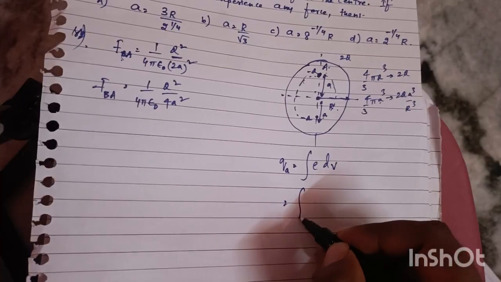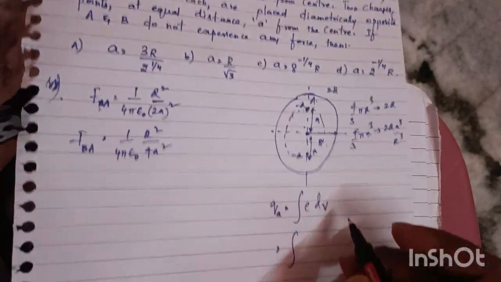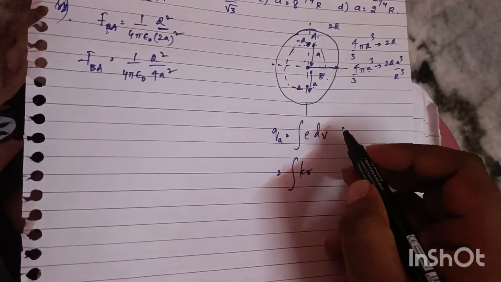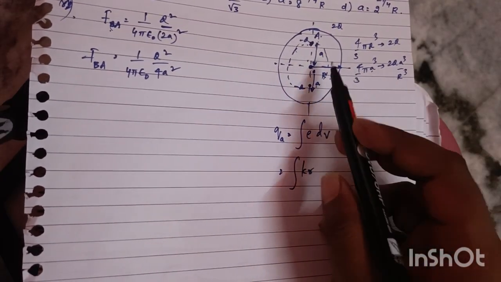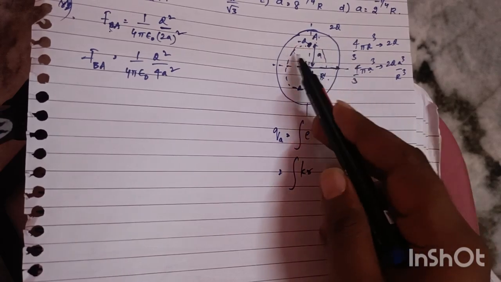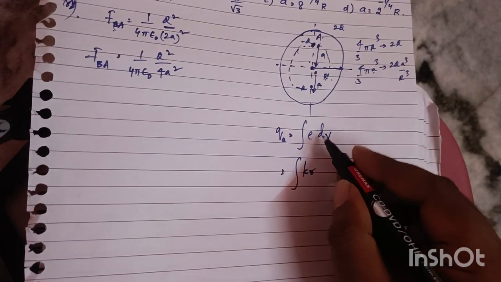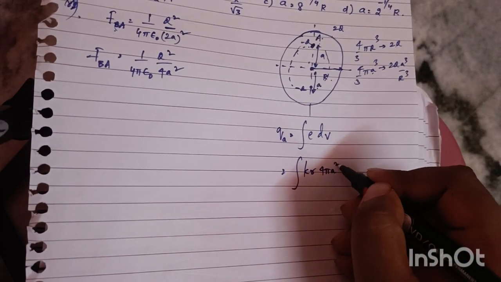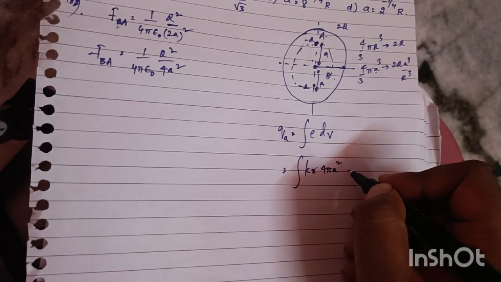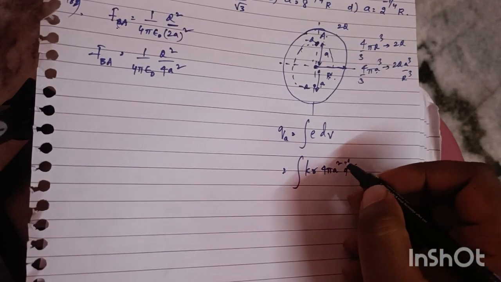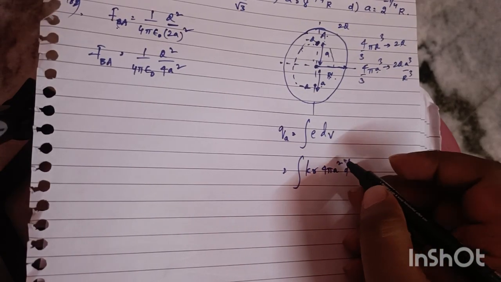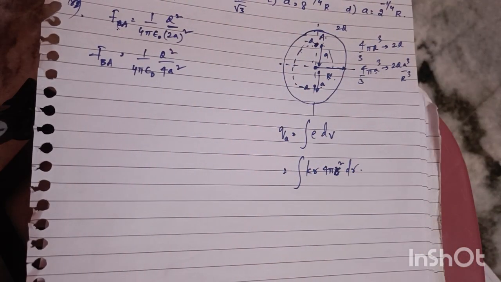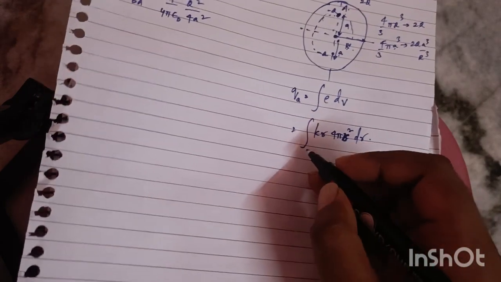Rho is kr, and the elemental volume is the shell's volume at that distance: the surface area 4 pi r square into thickness dr. Let's take r, because a is the limit, so we go from 0 to a.